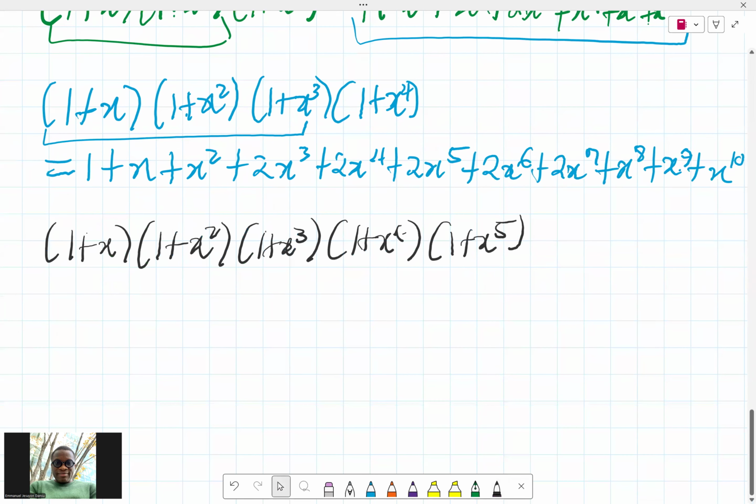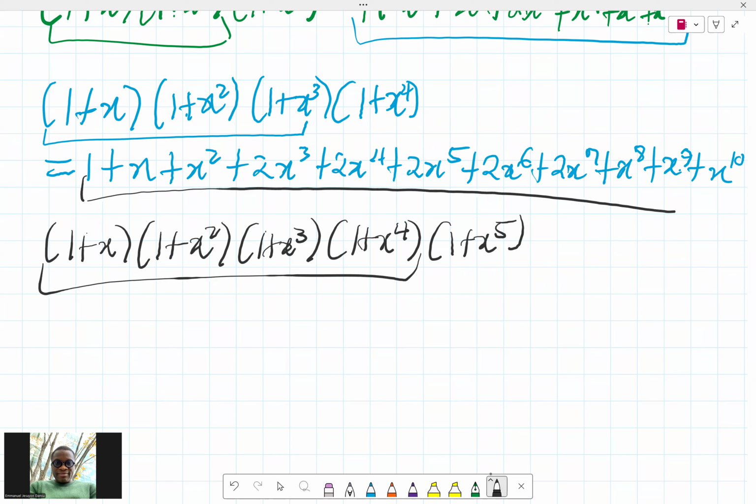From here to here, we already have it in this whole place. The highest power you're going to have here is x raised to power 15, while 1 is the beginning. So we have all of what we have here times this. But we can already see that we need only terms up to x raised to power 5, because that is our area of interest.